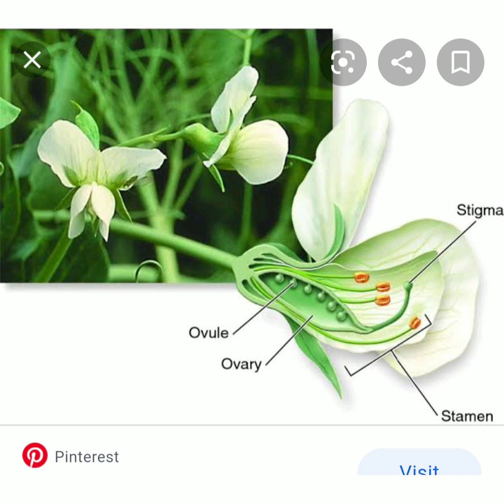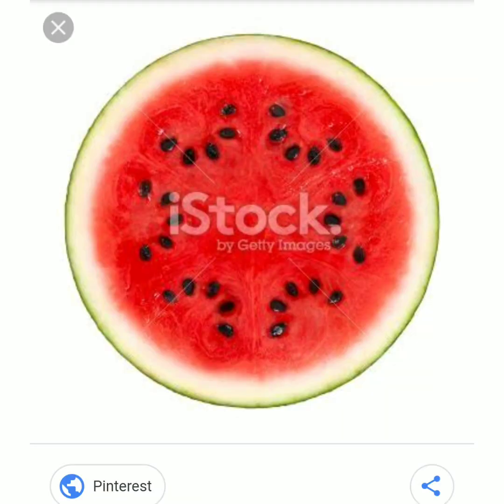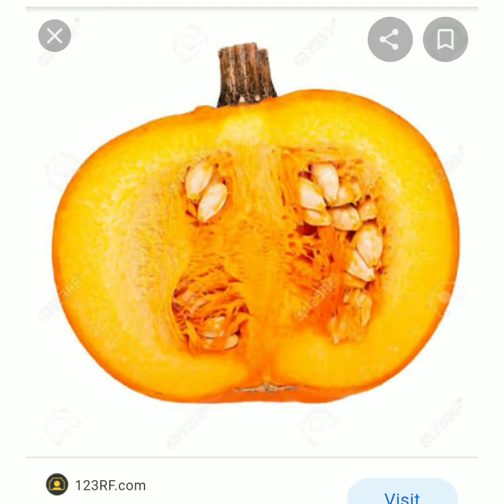In mango there is one seed, but others have many seeds. This type of fruit is called a simple fruit. Mango, coconut, bitter gourd, cucumber, pumpkin, watermelon, etc. are examples of simple fruits.